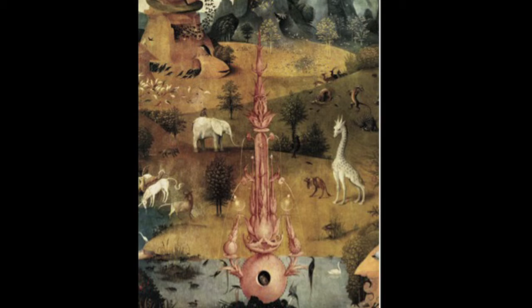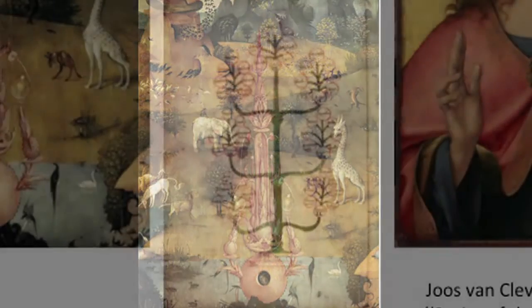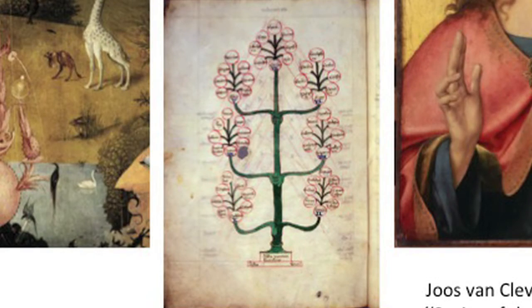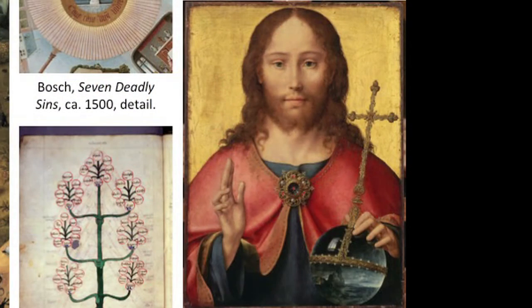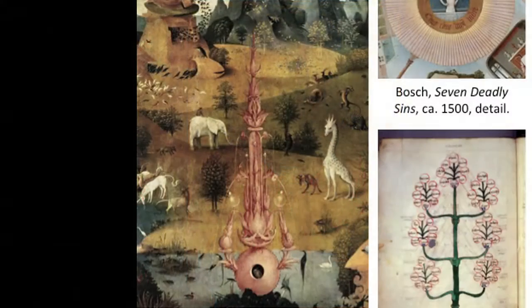So again, we've transgressed the borders of measure, weight, species, form, order, etc. The fountain, in fact, is an allusion to the tree of virtues or the tree of vices. It's also an allusion to this object. It stands for imperium, control over the world, and this is an image of Christ as Savior of the world, holding the orb topped by a cross, and this is the basis for the shape of this strange fountain.